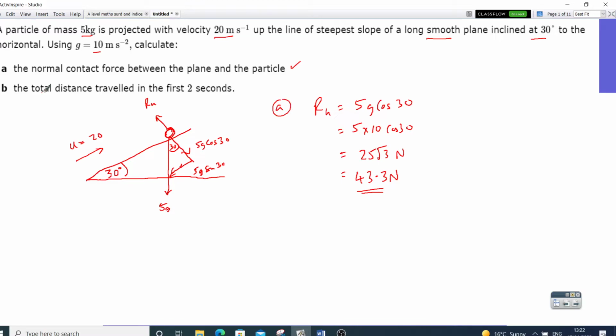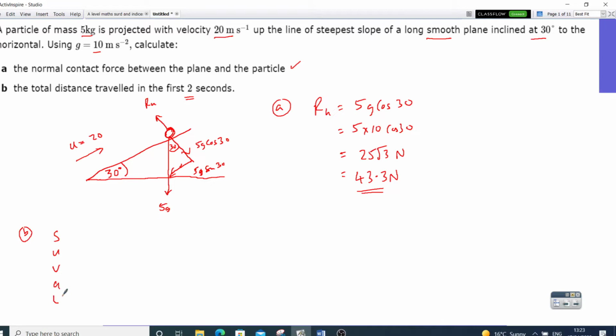B, total distance travelled in 2 seconds. Okay, since this is going to be a SUVAT, because there's no other force acting on this, this force is a constant force, hence constant acceleration. So in part B, we're just going to treat it with SUVAT first of all.